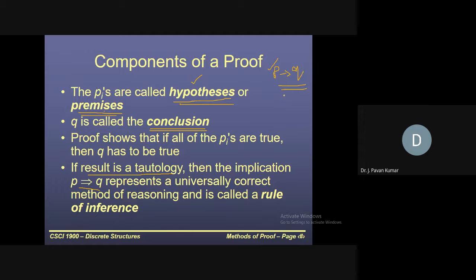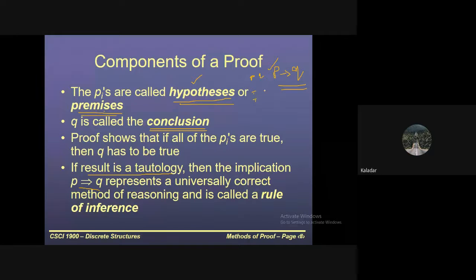Now try to understand this. This we will use at the end of the class maybe, and you will need it several times afterwards as well. Try to understand p implies q. What is the final column of the truth table of p implies q?